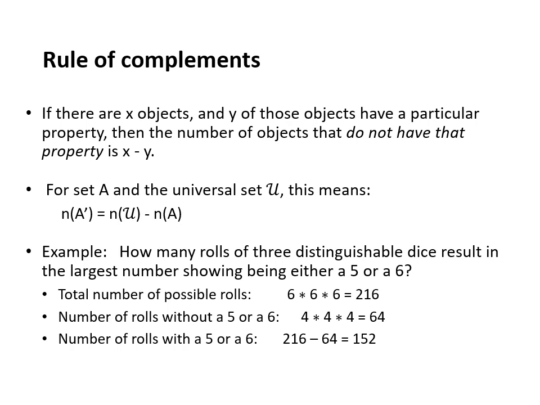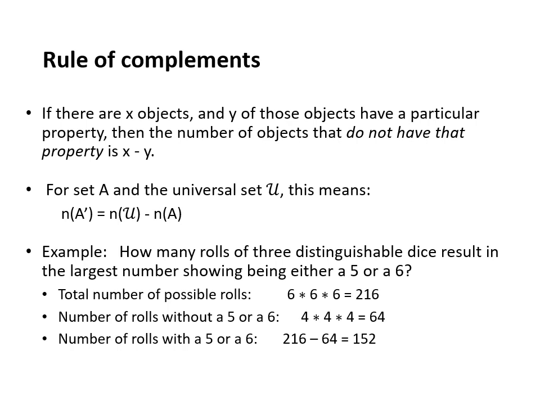Then we can calculate the number of rolls without a 5 or a 6. So here we have 4 possible ways that we can roll the first die, because it cannot be 5 or 6. 4 for the second, and 4 for the third. So there are 64 different outcomes where we get a roll without 5 or 6.